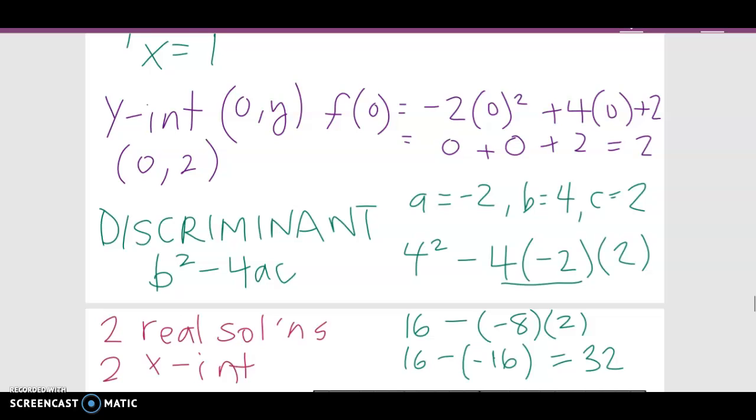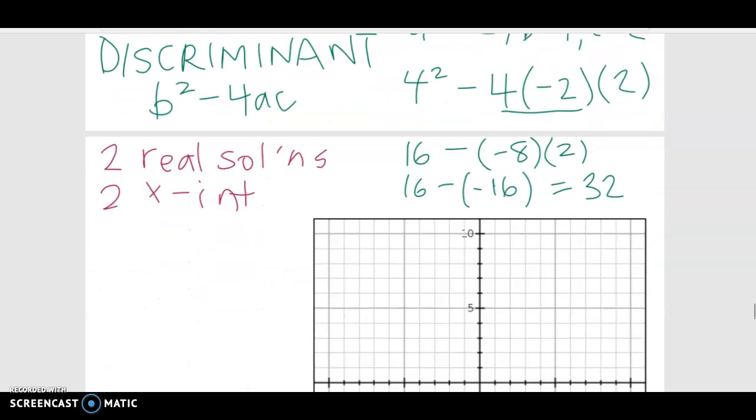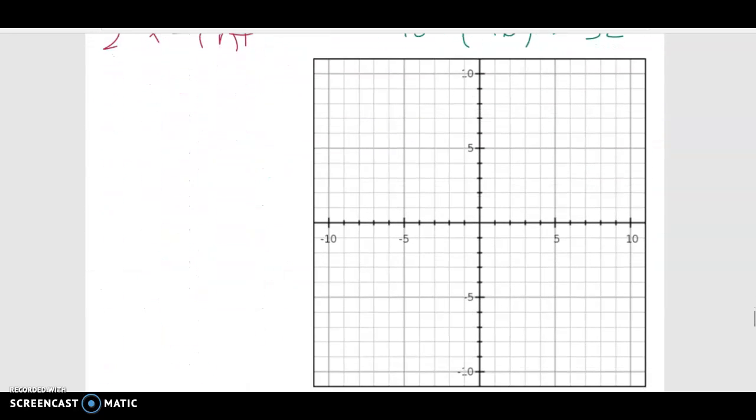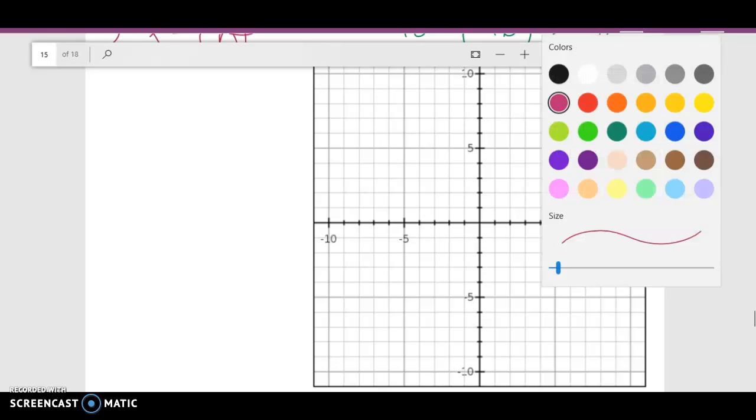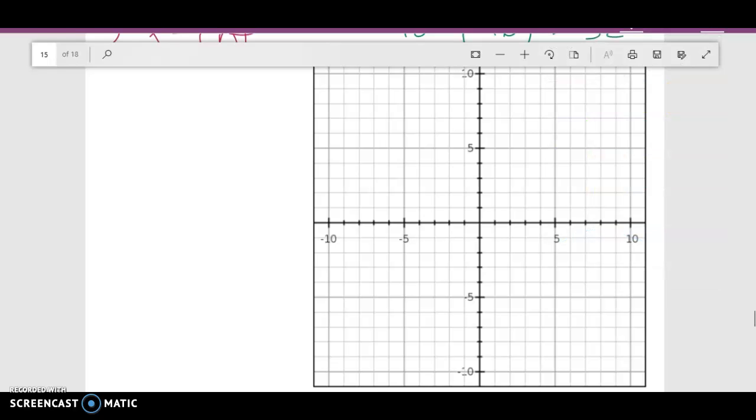So we're picking up with number 3. We're finishing up, really, by finding the x-intercepts. We calculated a discriminant and saw that we had 2 x-intercepts. So I'm going to review the quadratic formula, because we're going to use it for this.